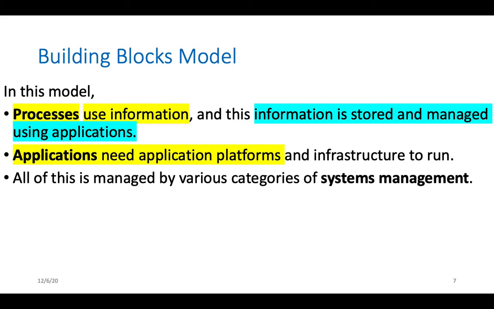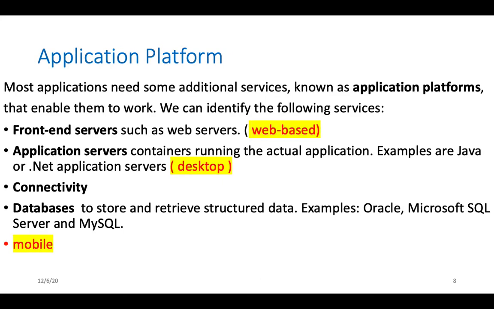So what is the process exactly? A piece of information that needs to be executed, but I don't want to use the word process to define process. It needs to be executed or managed. Managed by what? By an application. That application needs to be managed by an application management system. However, that application needs what we call services.